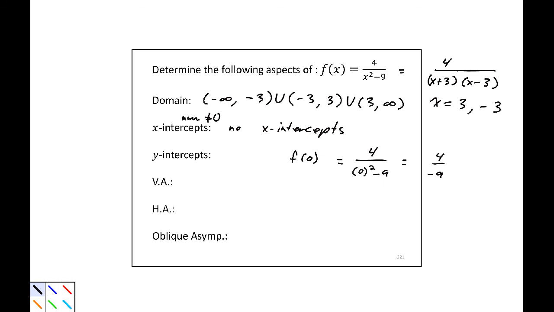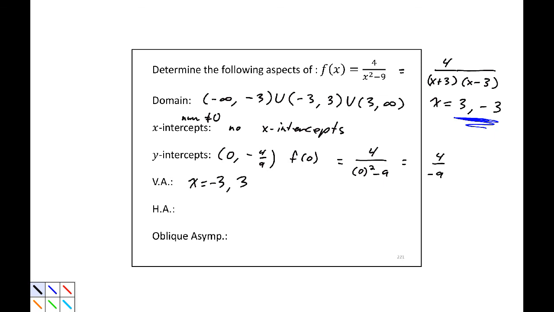So our y-intercept is the point (0, negative 4/9). All right, because no factors cancel in this, our vertical asymptotes occur at the values we found earlier: x equal to negative 3 and positive 3.